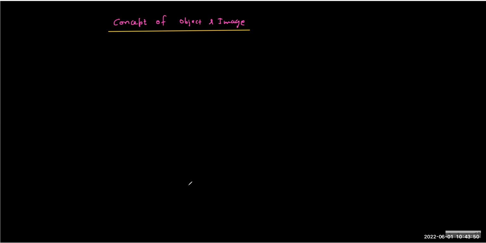So object and image. First of all, we need to understand that object means the physical object. So for any optical element, now what is the meaning of optical element? The mirrors and lenses and prisms all are called optical elements. So let's define optical element.